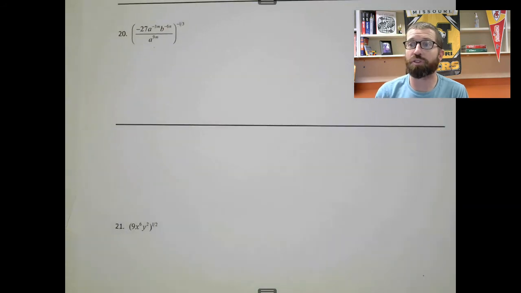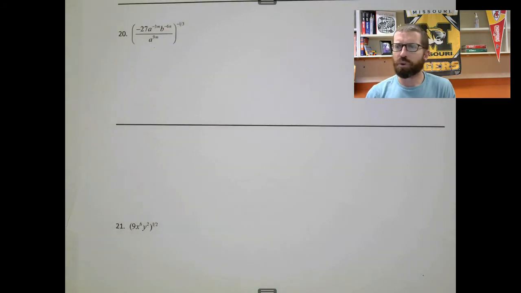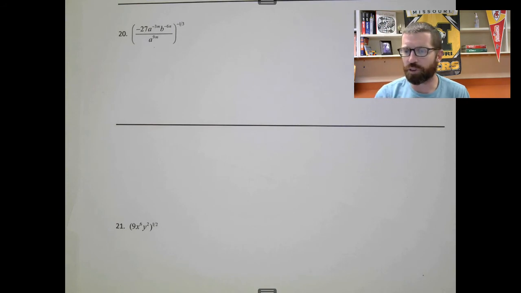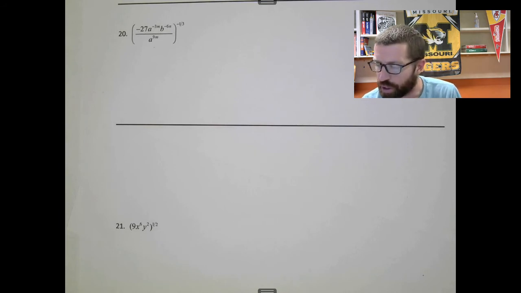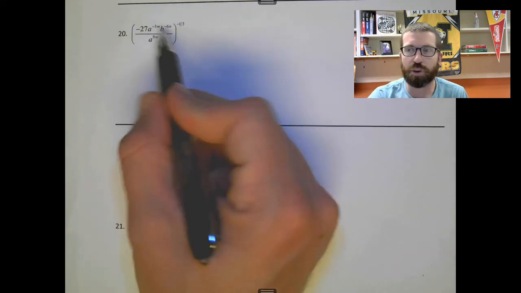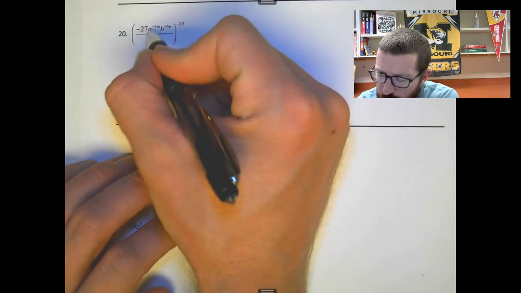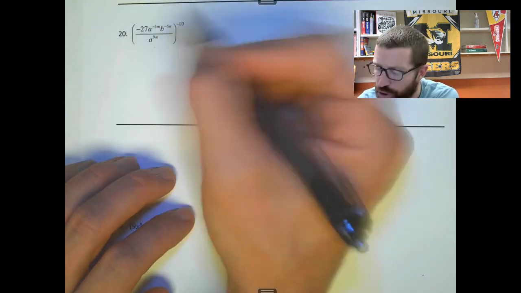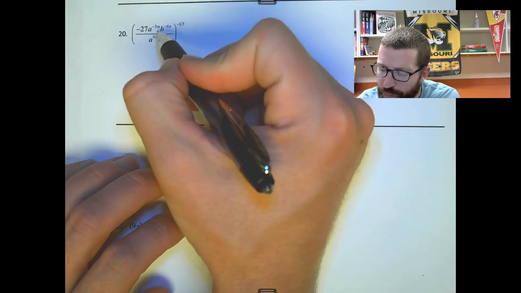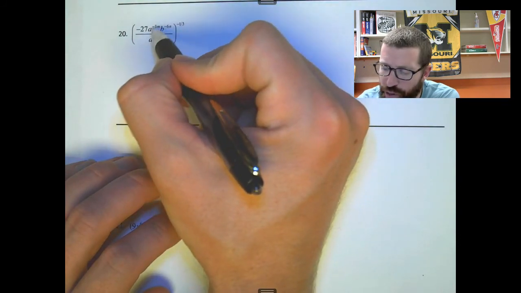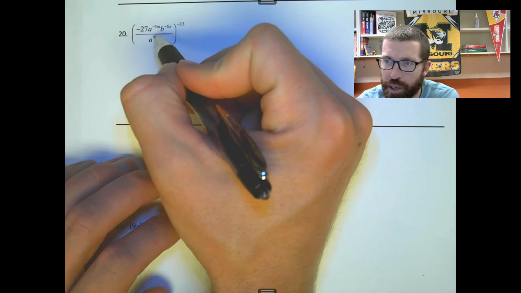Okay, so we can put all this together to simplify some pretty nasty looking exponents. There's a lot of different ways to approach this problem. I think it's best to maybe simplify what you can inside the parentheses first. So these a's are the same, and so you can subtract exponents, or think of it as moving the a to the negative 3m to the bottom.